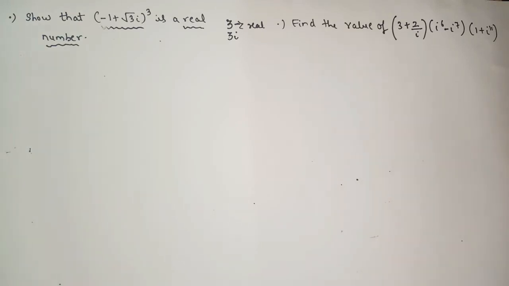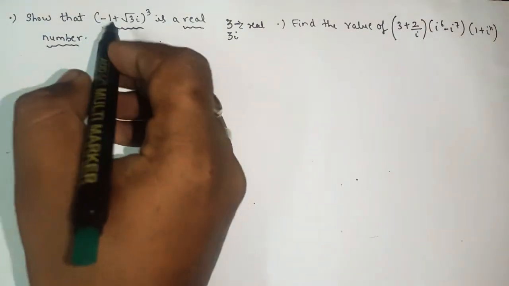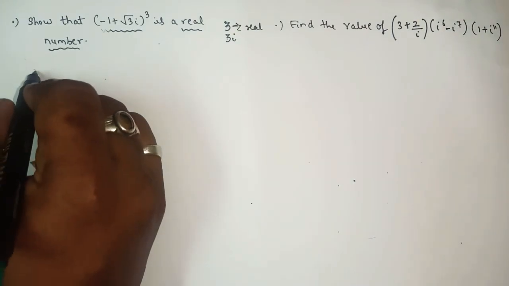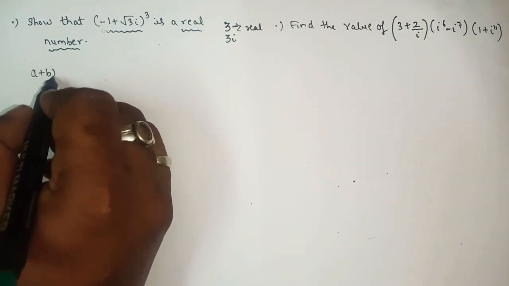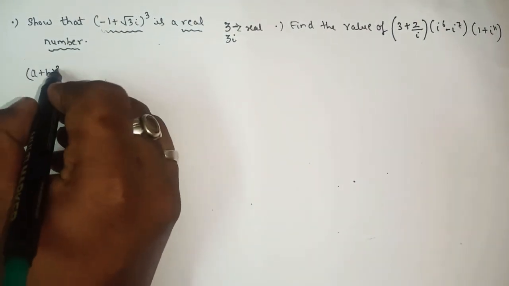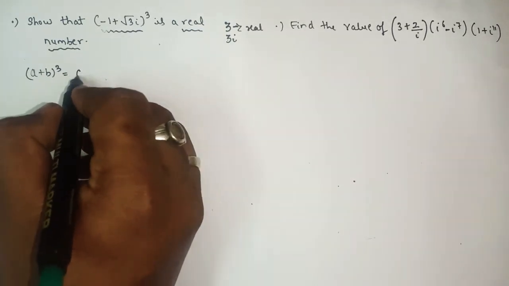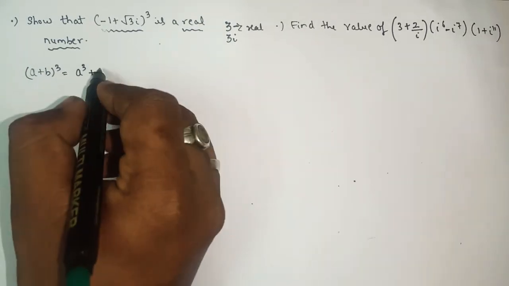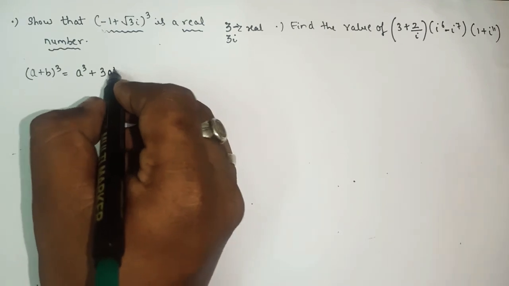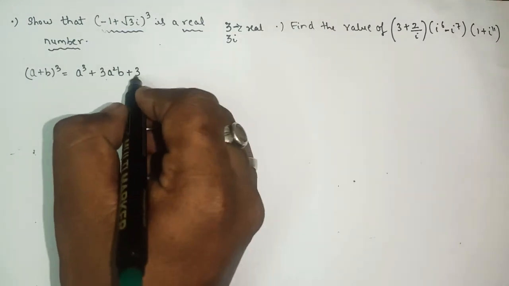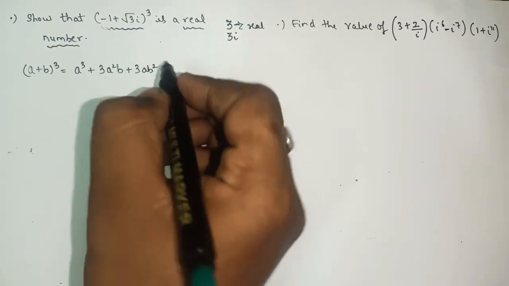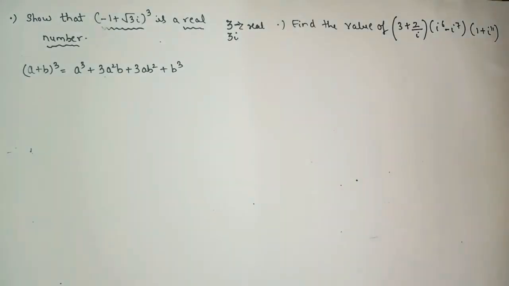So let's see. Clearly we can say that this part looks like what? This formula, (a + b) the whole cube. So what is the formula? It is a cube plus 3a square b plus 3ab square plus b cube.